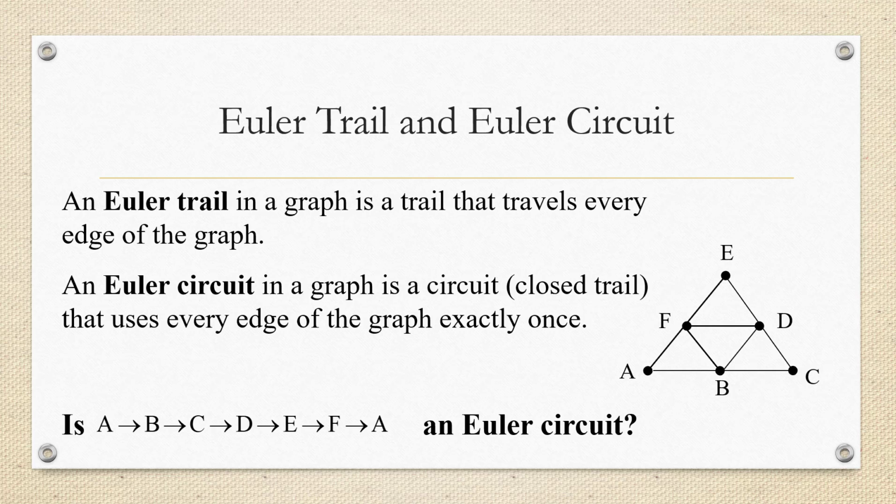Do you think that this would be an example of an Euler circuit? A to B to C to D to E to F to A. Let's check. I'm going to trace this out on my graph.